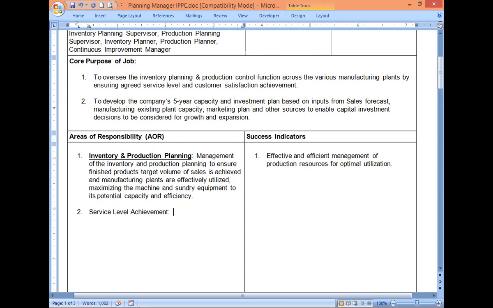So the key performance indicator there, the SLA, would be OTIF, on time delivery and in full, meaning you are able to deliver the next day as requested by the sales, and in full. They were asking for 100 metric tons, so you were able to deliver 100 metric tons.